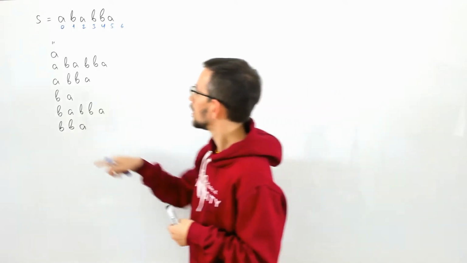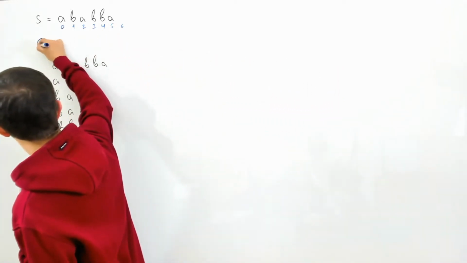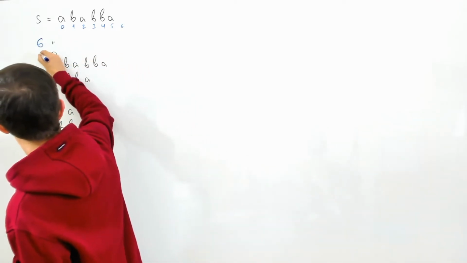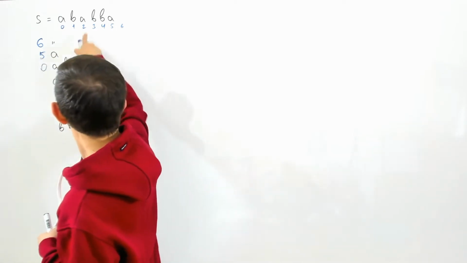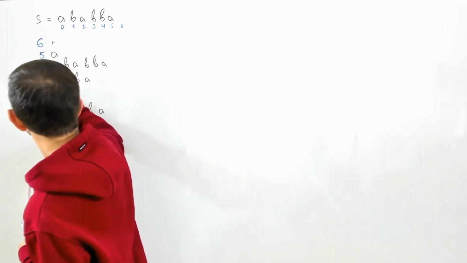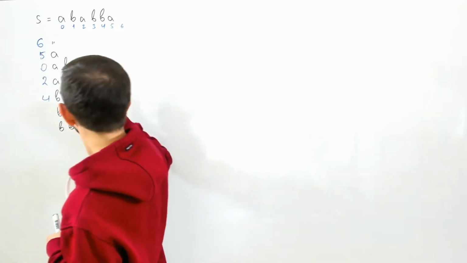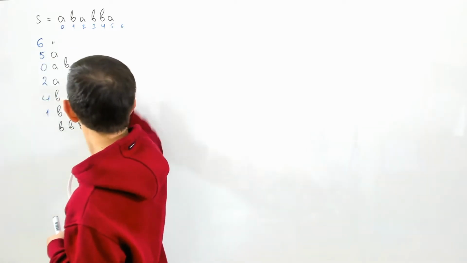For example, this empty suffix starts from here, so it has index 6. This suffix has index 5. This has index 0. This starts from here, so it's index 2. This has index 4. This has index 1. And this has index 3.